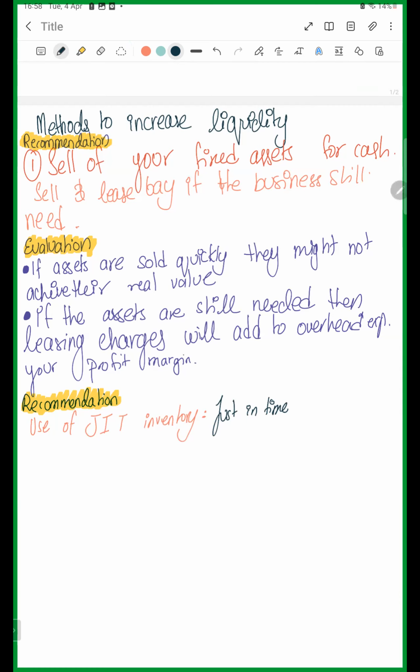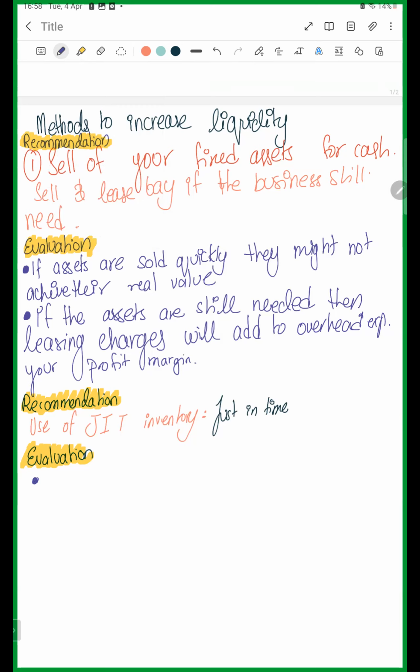So one recommendation you could make over here is that to have a better asset test ratio, you don't even need to hold any money in the inventory. Just order when you need it. That is the recommendation you're making.